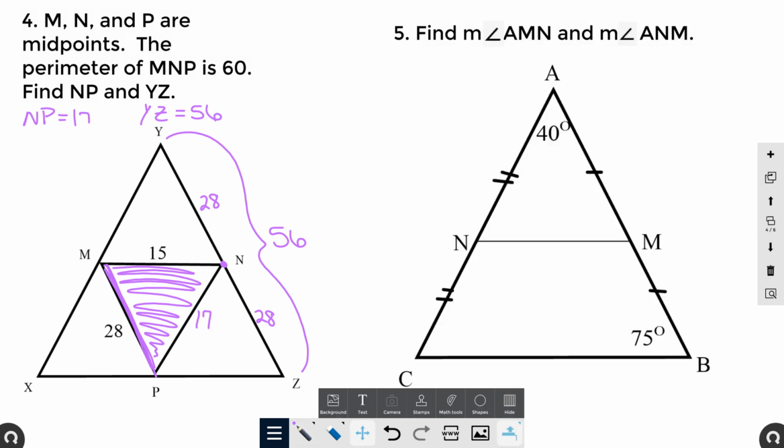All right, write down problem 5. Now we're going to be finding some angles.